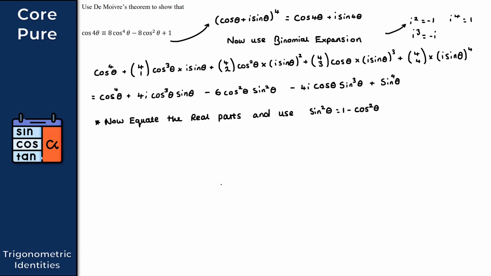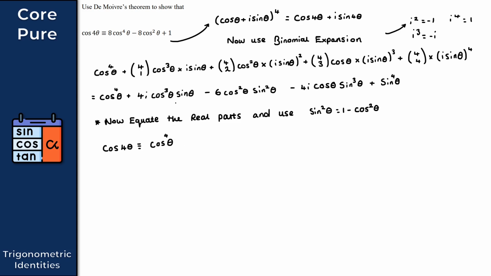Now, when we say that we're equating the real parts, what that means is we get cos 4 theta identical to, basically from this binomial expansion, anything that doesn't include the imaginary unit. So we're going to exclude this term here. We're also going to exclude this term here, but include everything else. So we get cos theta to the 4.